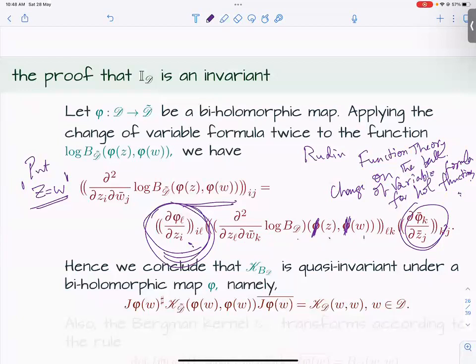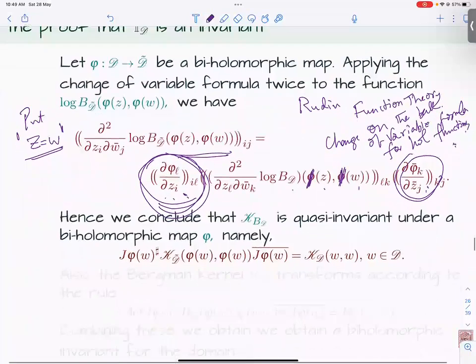But because you are evaluating only at z comma w, you have to compensate by multiplying with the derivative of phi and the conjugate of the derivative of phi. This is the transpose of the derivative of phi. This is the conjugate of the derivative of phi. That is nothing but d square dz_i dw_j bar log of the kernel of D tilde. Okay. So this is how the transformation works.